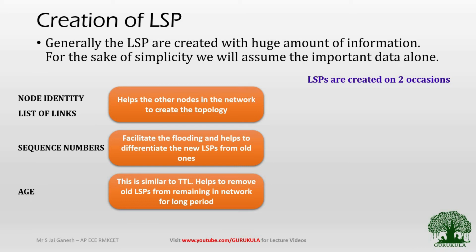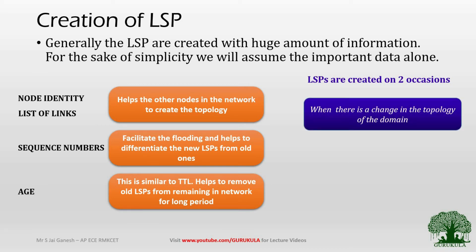Well, the LSP packets will be created on 2 occasions. First, when there is a change in the topology of the domain. In case any node has got disconnected from the network for any reason, or if any node is added to the network, then LSPs have to be created by each and every node, and disseminated to all other remaining nodes in the network.